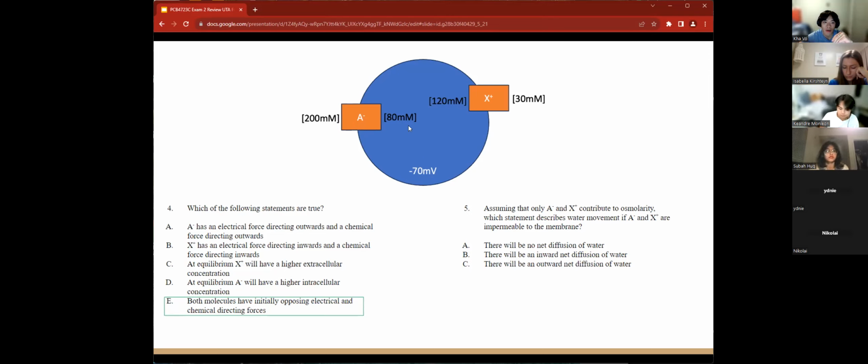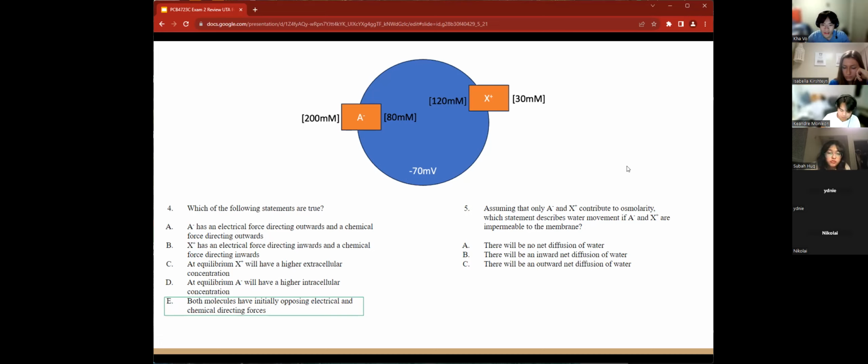Because of this, there will always be that electrical force repelling it. So even if A minus managed to reach equilibrium chemically, there will be a charge pushing it outside, which is why it will have a higher extracellular concentration at equilibrium. And we can use the same logic to determine that for X plus, it was going to be higher on the inside of the cell, actually.